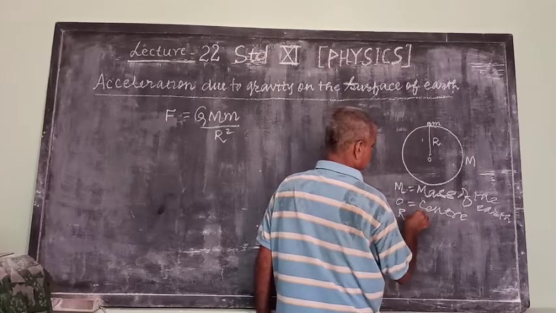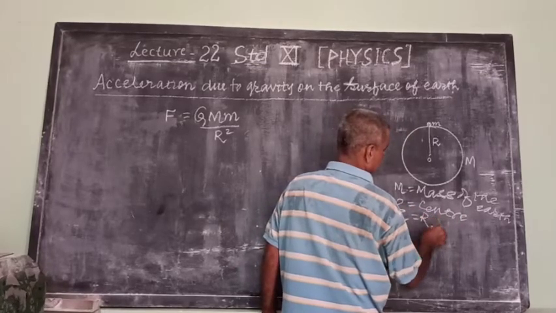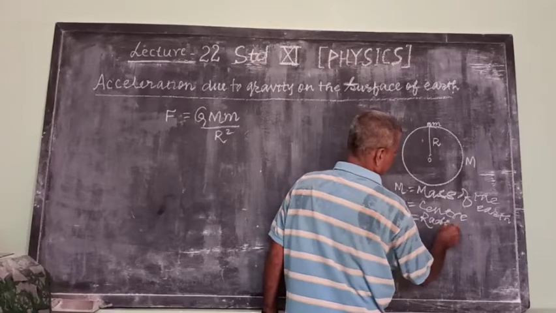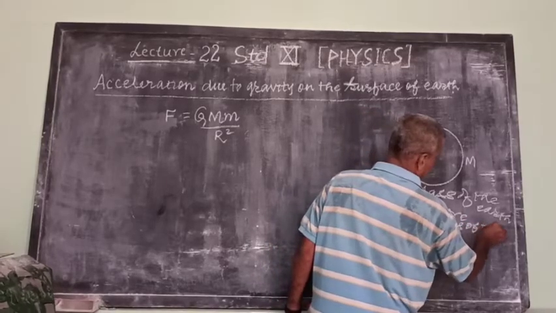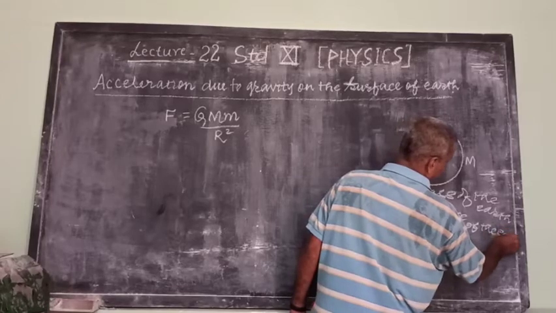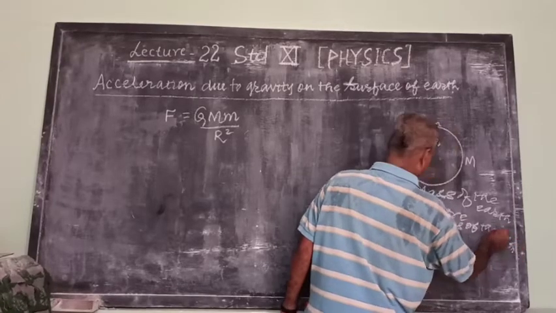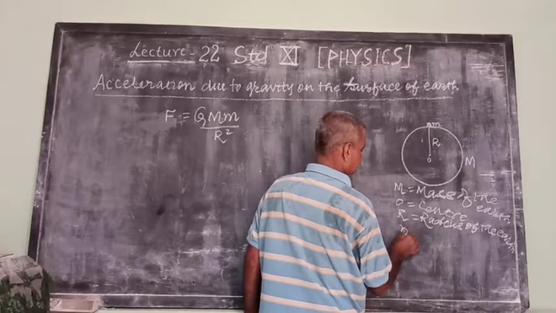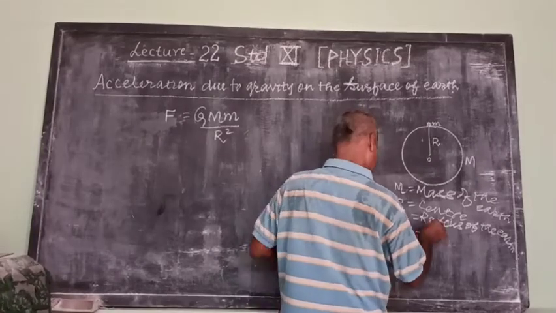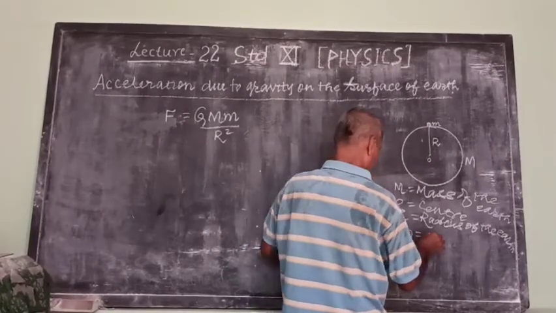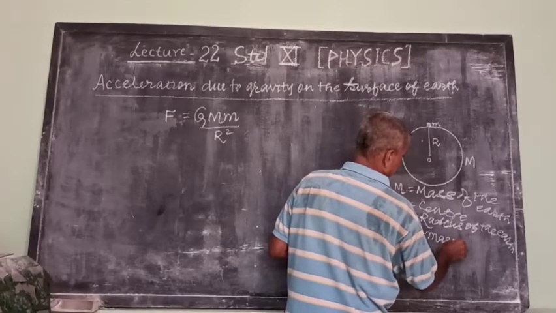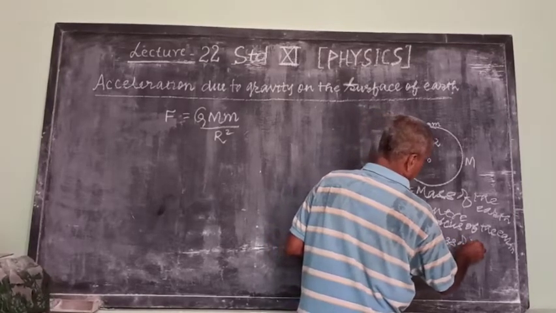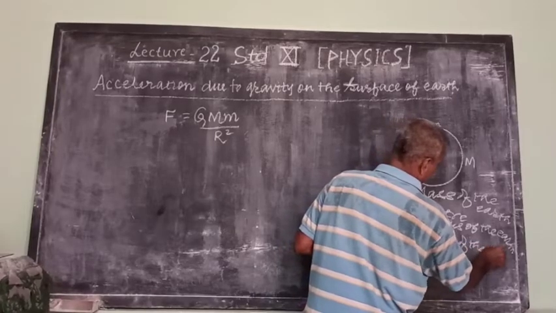R is the radius of the Earth, and this small m is the mass of the body.